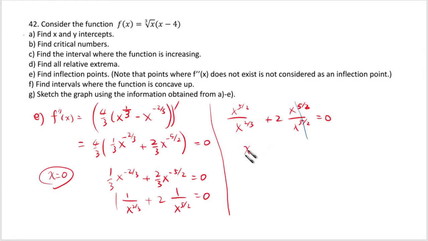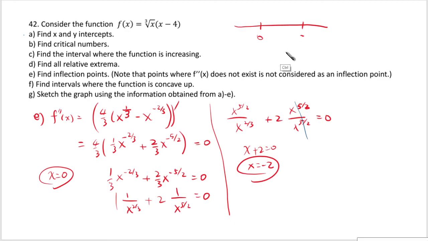So you just get x plus 2 as the result, so x is equal to negative 2. So that's your critical number for f double prime. Once you have these, you have to put them on the number line, 0 and negative 2. Oh, actually negative 2 is less, so negative 2 and 0.